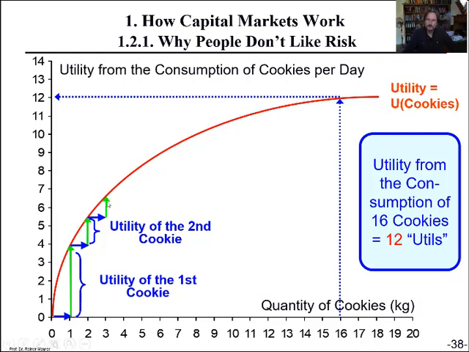The additional utility provided by additional consumption gets smaller and smaller. This is what we call decreasing marginal utility of consumption. As it seems, an increase from the 19th kilogram of cookies to the 20th will cause 0 additional utility, or 0 marginal utility, since the curve is flat here, it's horizontal here.